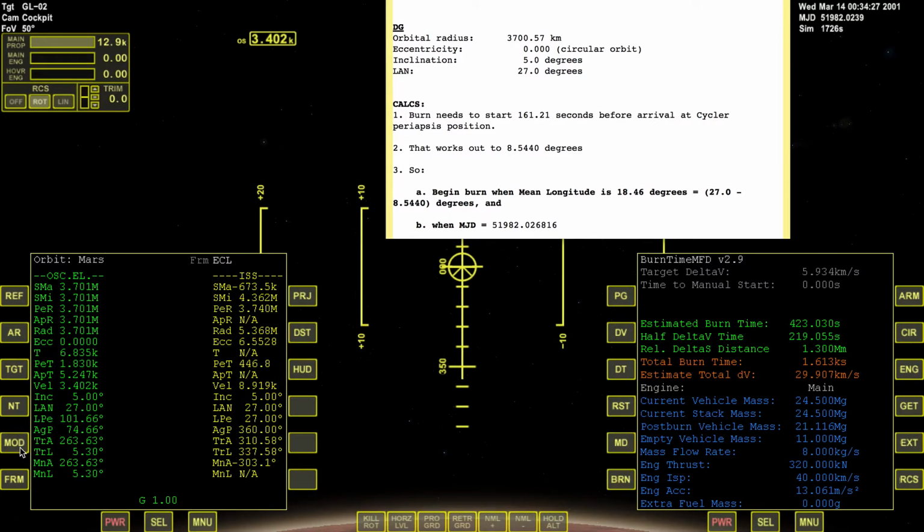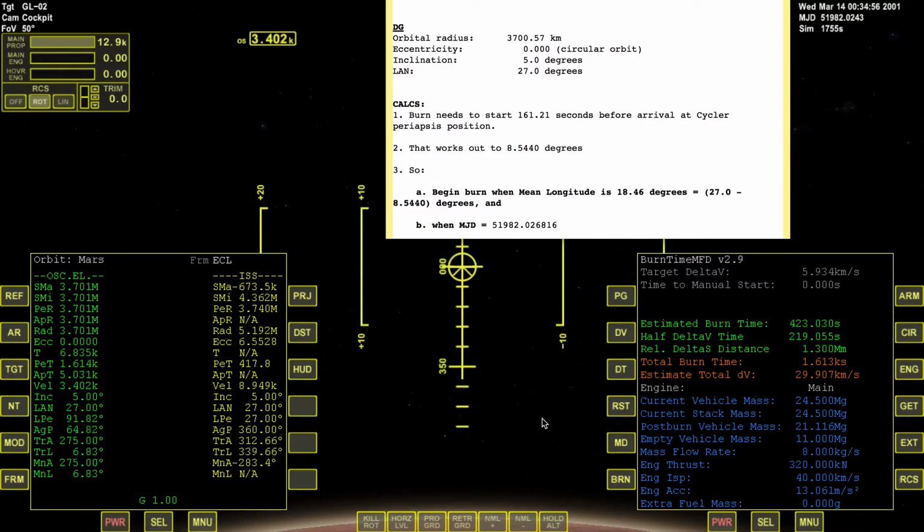I'm going to turn off the visual display and just focus on the numbers here. When this number gets to be 18.46, then we execute, hit the burn button on Burn Time MFD, and we are away on a rendezvous with the approaching ISS/Hermes, and we will burn 6,000 meters per second, give or take, of fuel to get there.